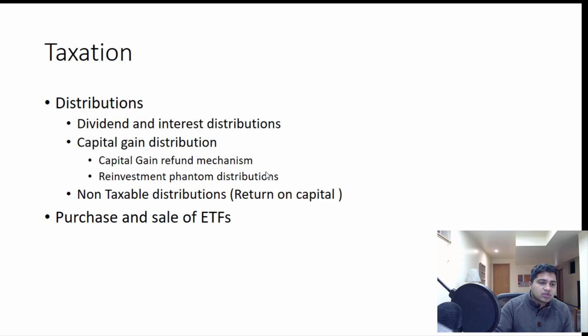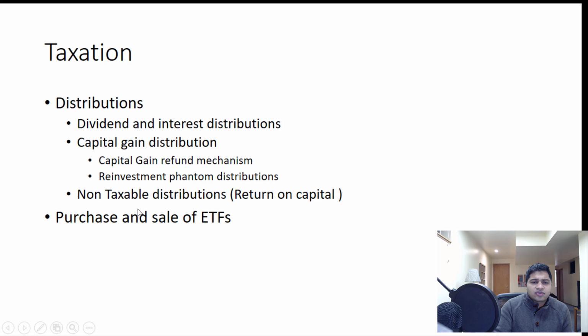Because of that, your cost basis is adjusted to reflect that. So if you have got $100 of distribution, which is again reinvested, then that $100 increases the adjusted cost basis. This is covered in both of these: capital gain refund mechanism and reinvestment phantom distributions.